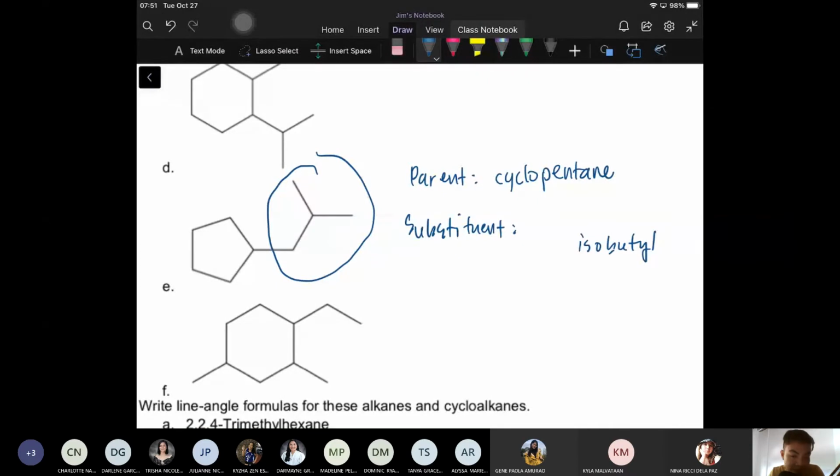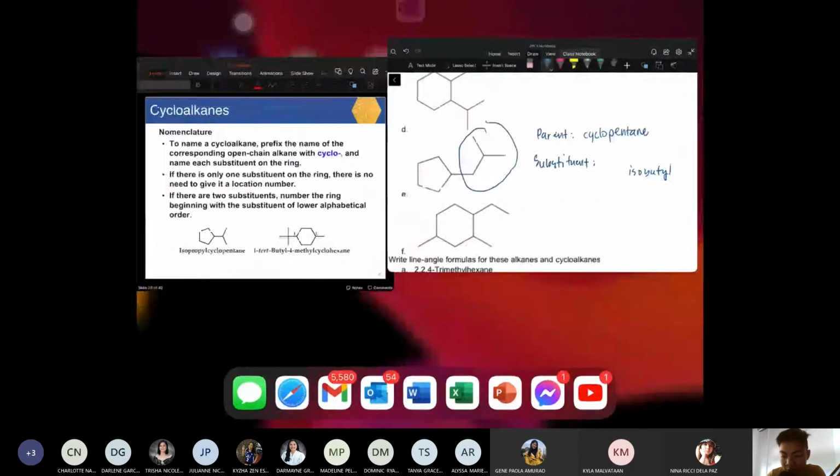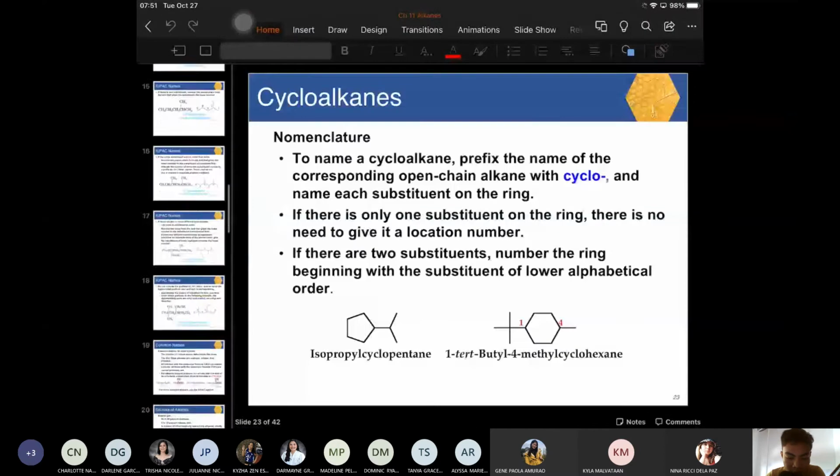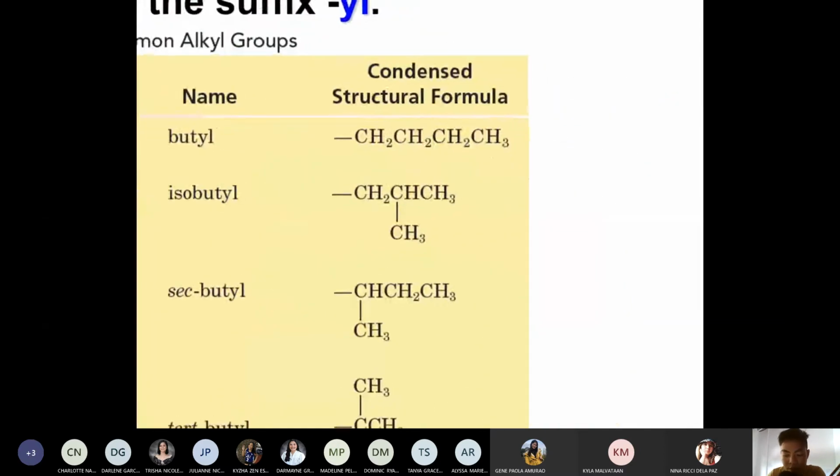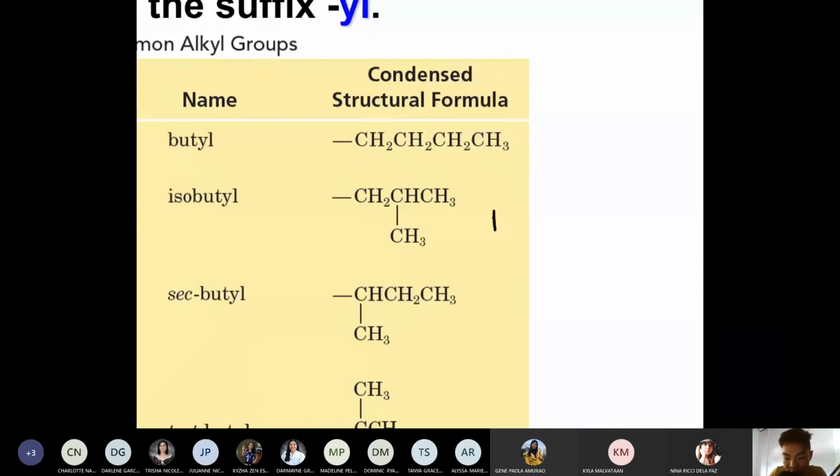Okay, so if di pa rin kayo familiar, you just check this PowerPoint. Okay, so ano yung itsura ng isobutyl? This is your parent chain. Then you have your CH2, CH, then 2 CH3s, no? Attached to this carbon. Okay? CH3, CH3, ito yon. This is the CH, ayon. Then ito ay CH2, then your connection to the parent chain.